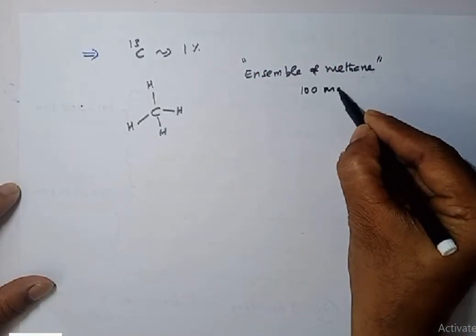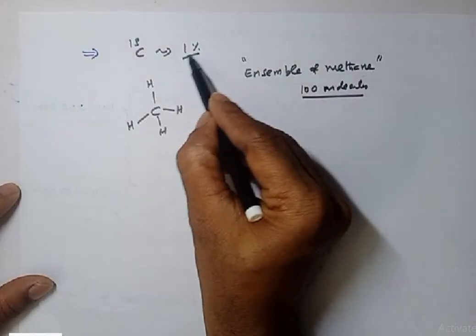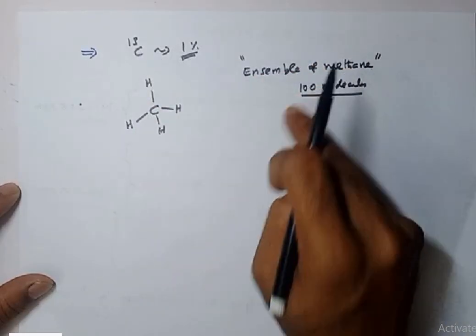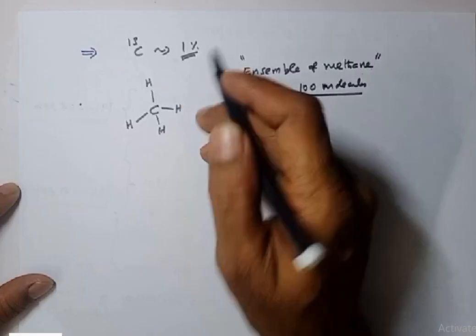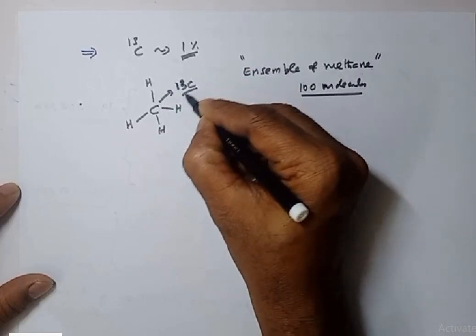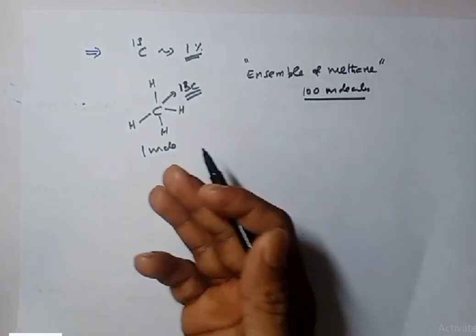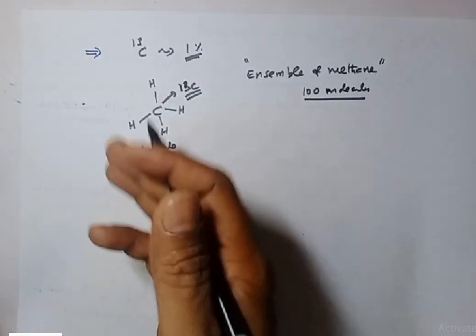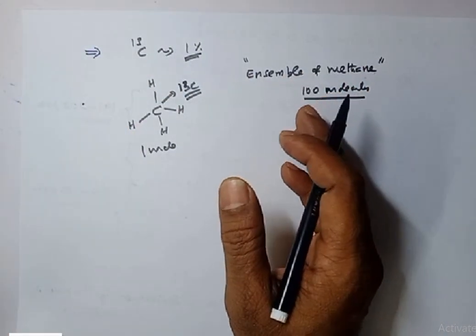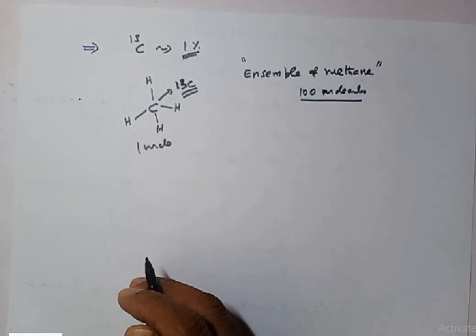Since the natural abundance is only 1%, out of 100 molecules, one molecule may contain a C13 nucleus. I cannot say that exactly one molecule must contain C13. Out of 100, one molecule may contain C13 carbon.